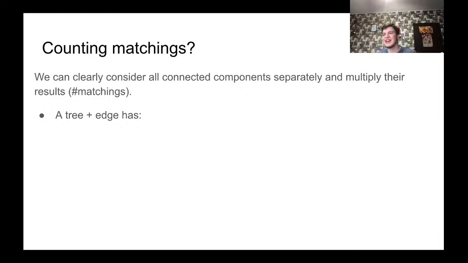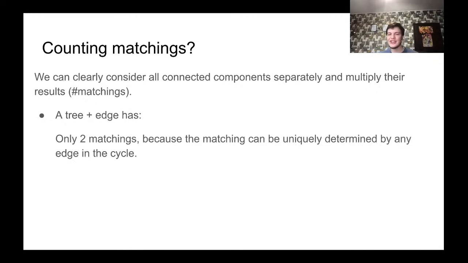I mean, you can either have the direction clockwise or counterclockwise on this edge. So in some sense, we have only two matchings, because if you fix the direction of any of the edges in the cycle, we can uniquely determine everything else. So yeah, that's pretty much it.